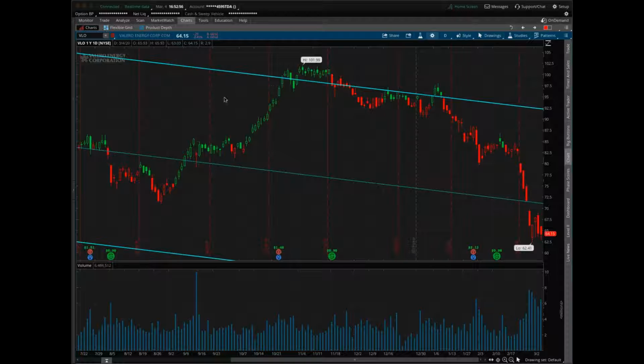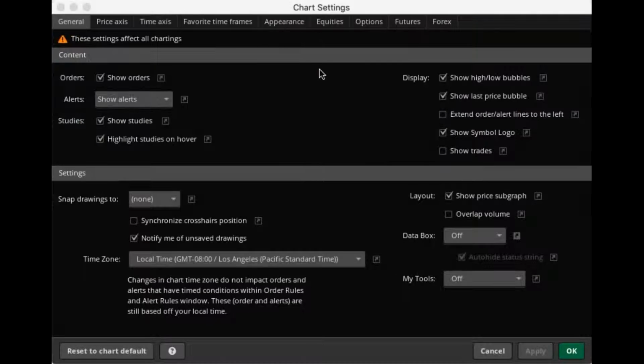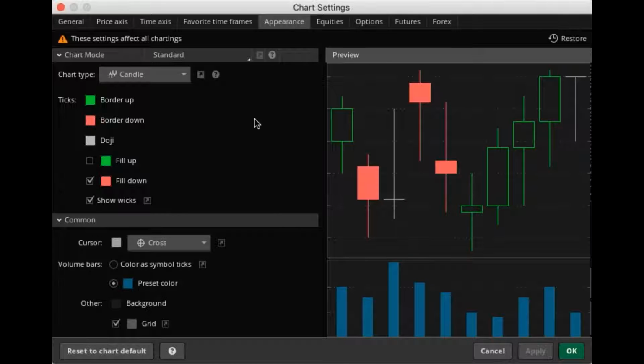It has general, price axis, time axis, favorite time frames, appearance. So you go to appearance, and then you can unclick the filled up.